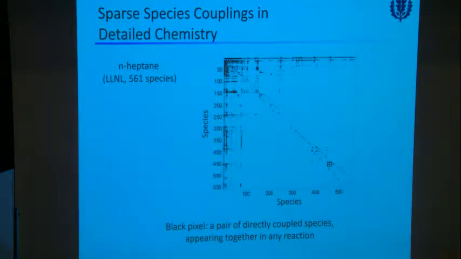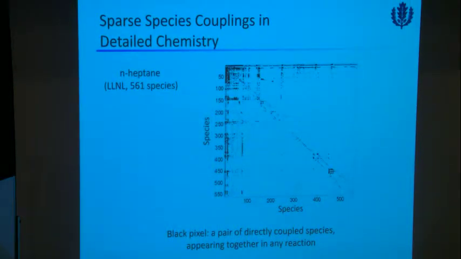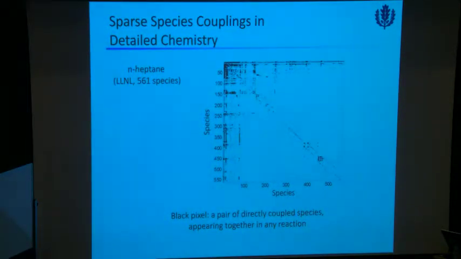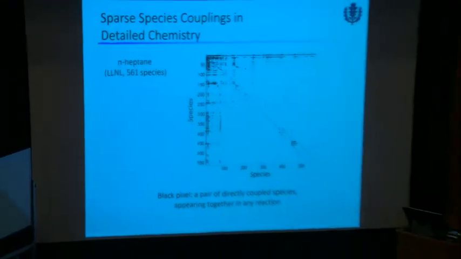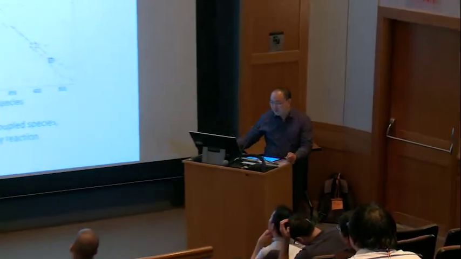So this figure shows something very interesting and also very useful for Jacobian, because as we said, in addition to evaluation of Jacobian matrix, we also need to factorize it. Factorizing it, eventually we find it's not that big a deal, because previously we believed it's a cubic function of the number of species, so n cubed.